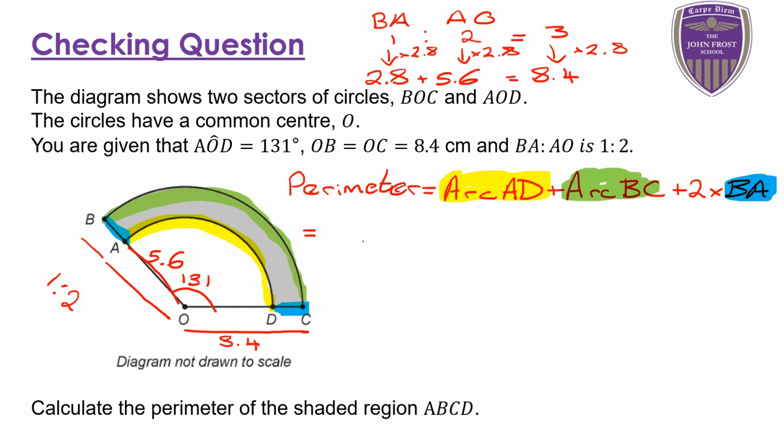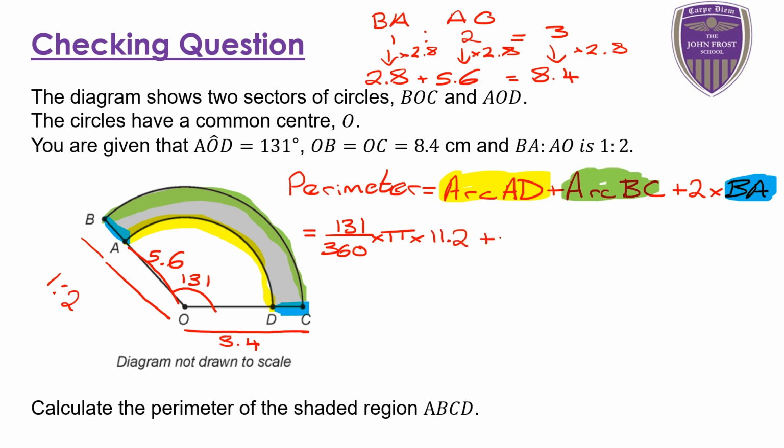So now we can finish this off and work out all of these bits of information. So arc AD is 131 over 360 times pi times, not 5.6, remember, we need to use the diameter, times 11.2.